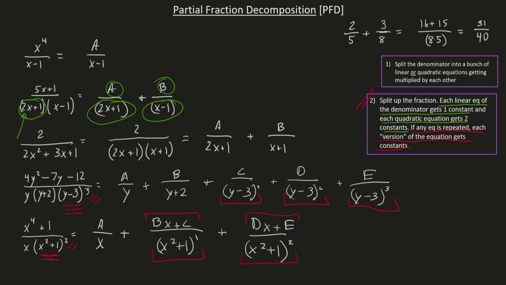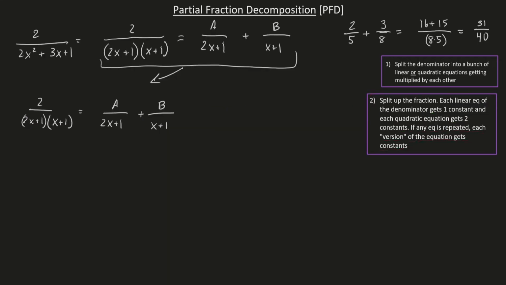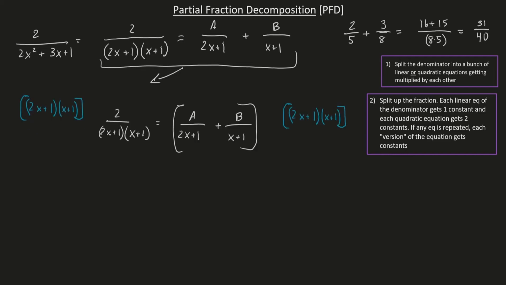So for step 3, I'm going to choose to focus on this guy right here so I can show you step 3. Step 3 begins with multiplying both sides of our equation by the denominator here. On the left side, we'll get a complete cancellation if I take our entire denominator and multiply it by the left side of the equation. We're just going to result with 2.